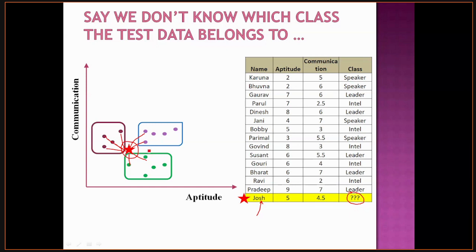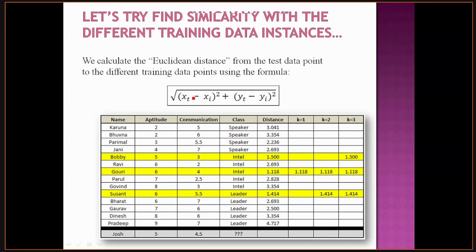So we have to calculate the distance between the test record and all the other training records. We just calculate (xt minus xi) squared plus (yt minus yi) squared, right?